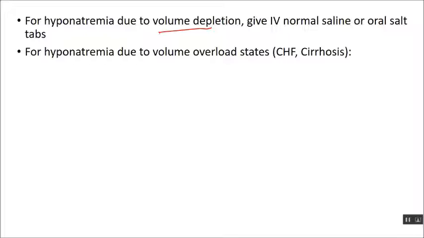Now we talk about hyponatremia due to fluid overloaded states such as CHF and cirrhosis. In these patients, we treat hyponatremia by treating the underlying cause, which is CHF and cirrhosis. As you already know, in both of these conditions, there is a strong activation of the renin, angiotensin, aldosterone pathway.